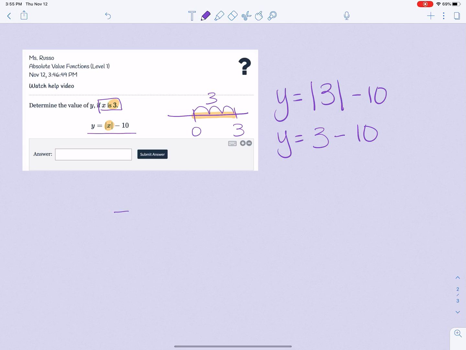So back to that number line, just if you're ever working with negatives, I always have like this imaginary number line up in my head. So here is 0, here is 3, right? And then 1, 2, 3, 4, 5, 6, 7. So what I do is this tells me to go positive. So I'm going to start at 0 and go to positive 3 because that's what this is telling us.